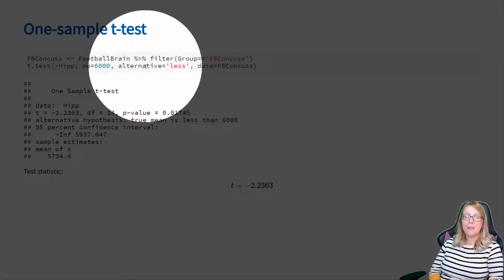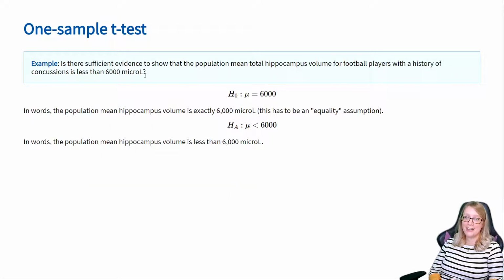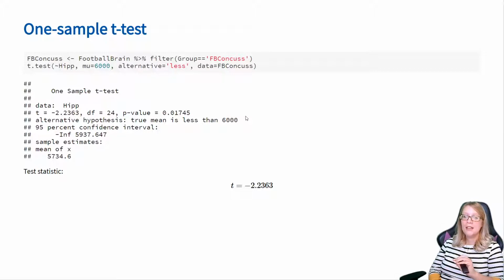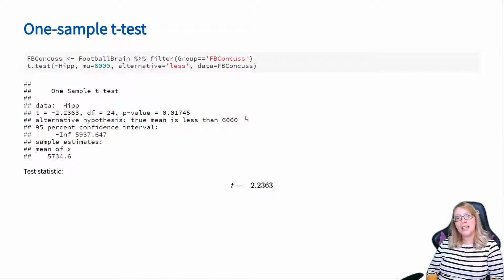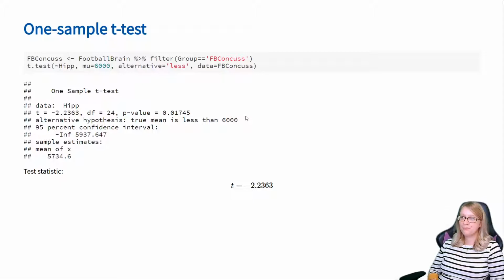Our alternative hypothesis had a less than sign, so we'll write less in quotes for our alternative. This can be either single quotes or double quotes as long as you're consistent. I tend to favor single quotes so that I don't have to hit the shift button to get the double quotes. And then the data is the football concussion, or FB concuss, data set.